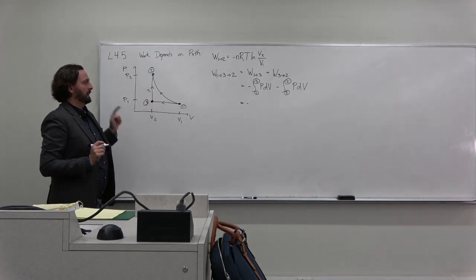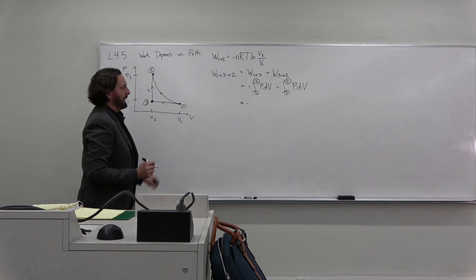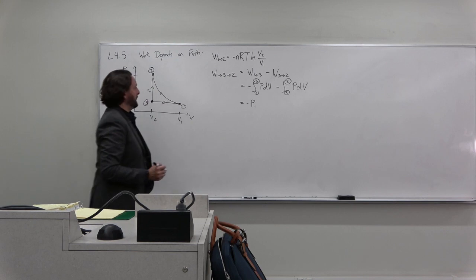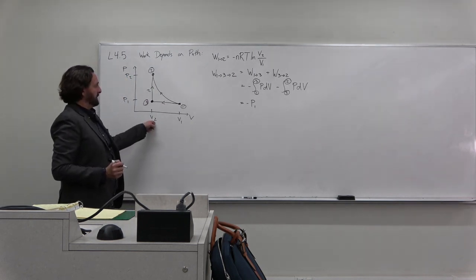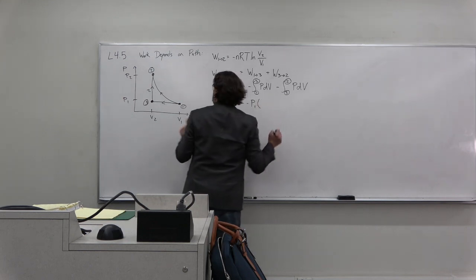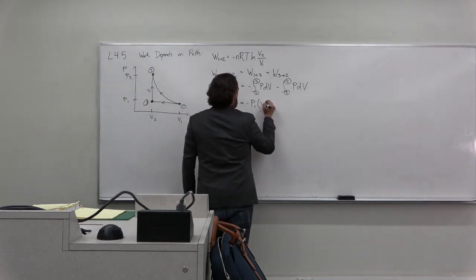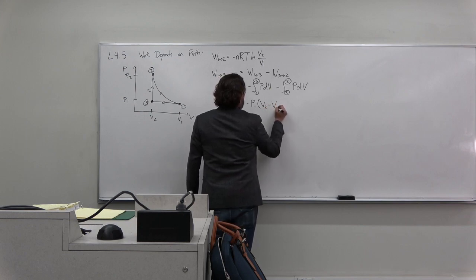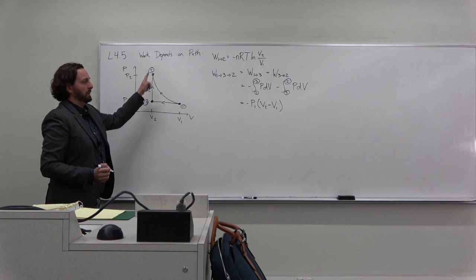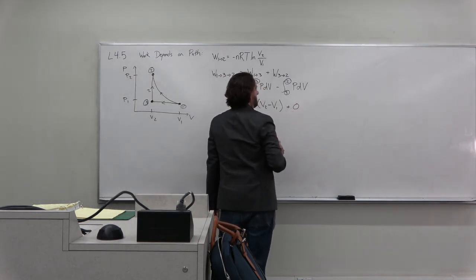Isobaric, right? So when we do the isobaric process, the pressure comes out, and actually that's now really P1, right? And this state 3 really corresponds to V2, right? So state 3 is V2, so this is V2 minus V1. And here, during this process, dV was 0, so this is 0, right?